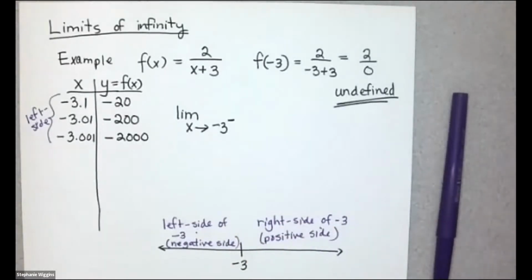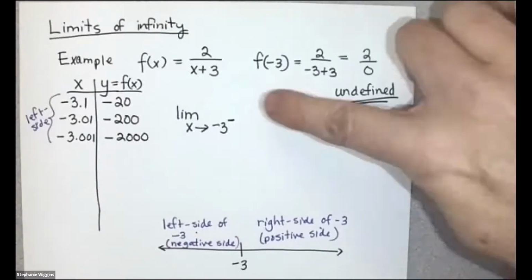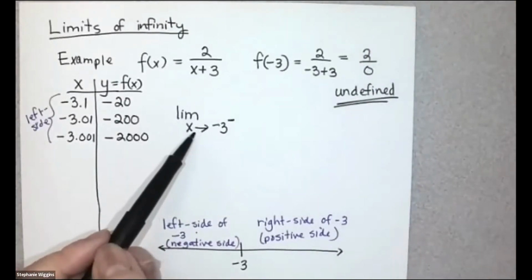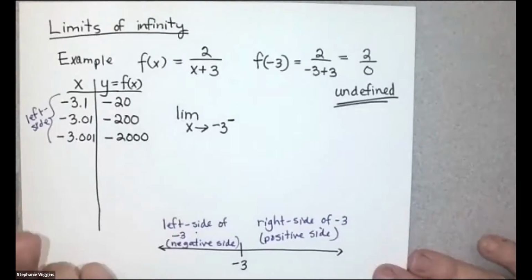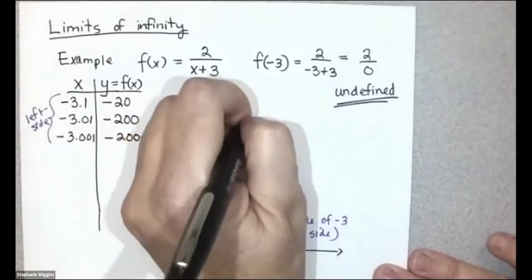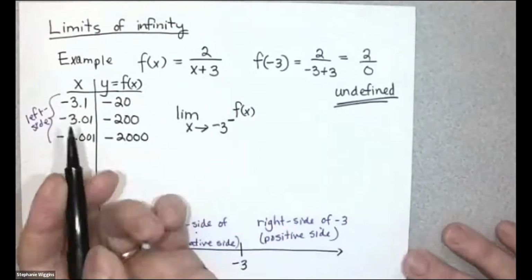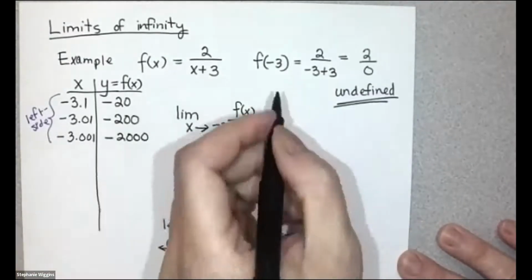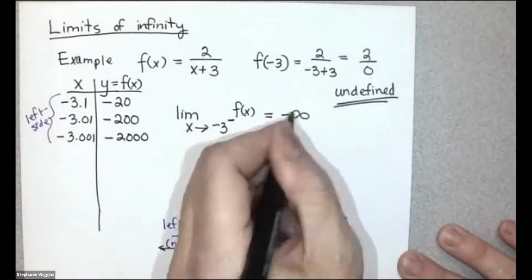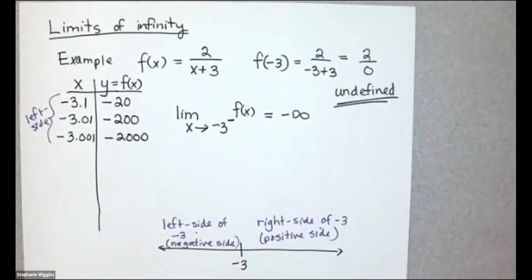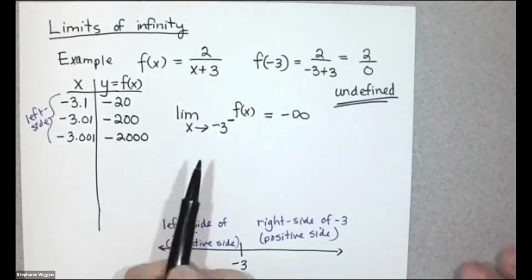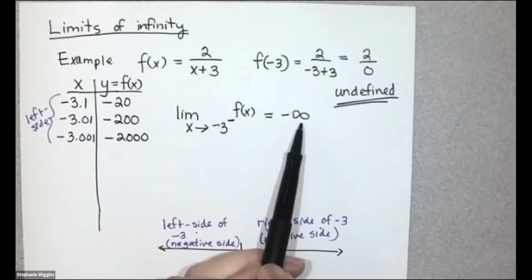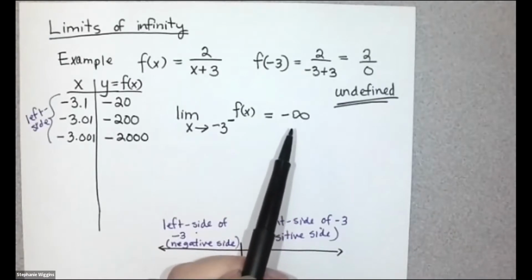Okay, so back to my limit here. The limit as x approaches -3 from the negative side for my function f of x, and in this example, it's 2 over x plus 3, it's going to equal -infinity. Now, I want to be careful and mention that nothing can be equal to -infinity, right?